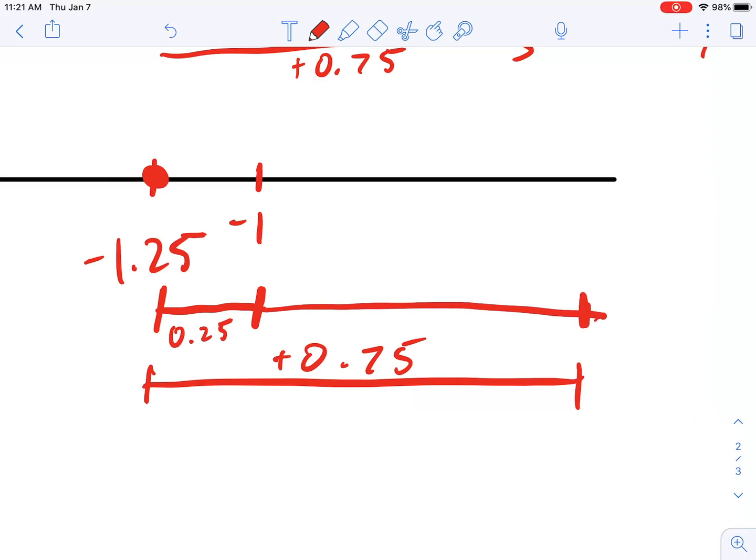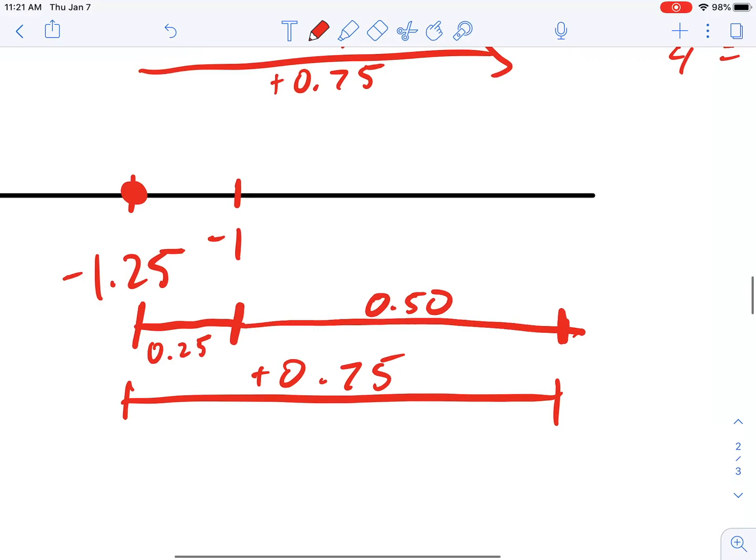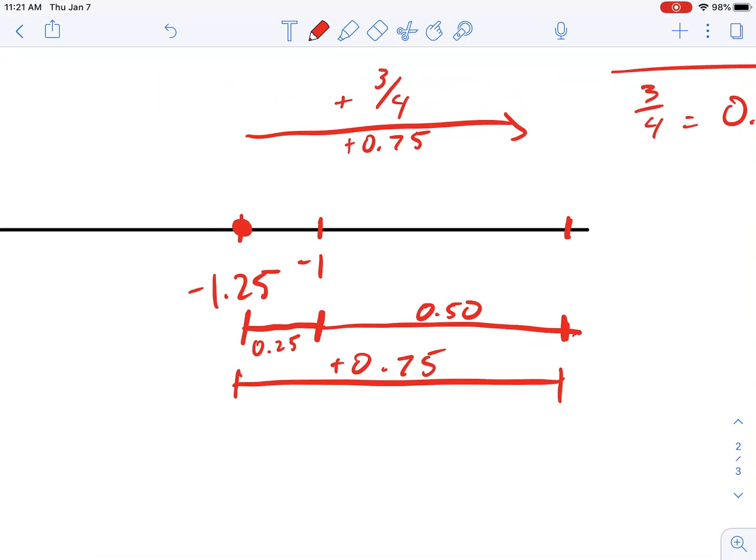So if we're going a distance of 0.75 and we've gone a distance of 0.25 already, this must be 0.50. So I'm going to ask you now, what is 0.50 more to the right of negative 1? And that answer is negative 0.50, all right?